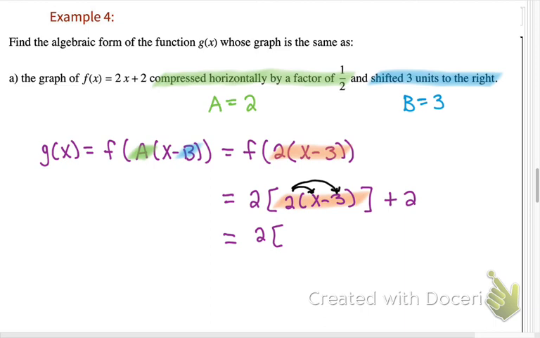The brackets help me distinguish between the inside set of parentheses and the outermost set of parentheses. So 2 times x is 2x, 2 times negative 3 is negative 6, and then I still have the plus 2 on the outside.